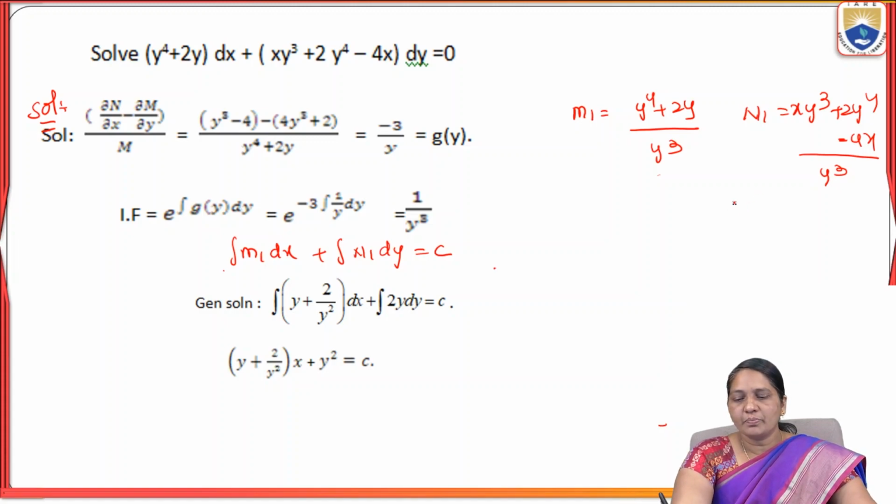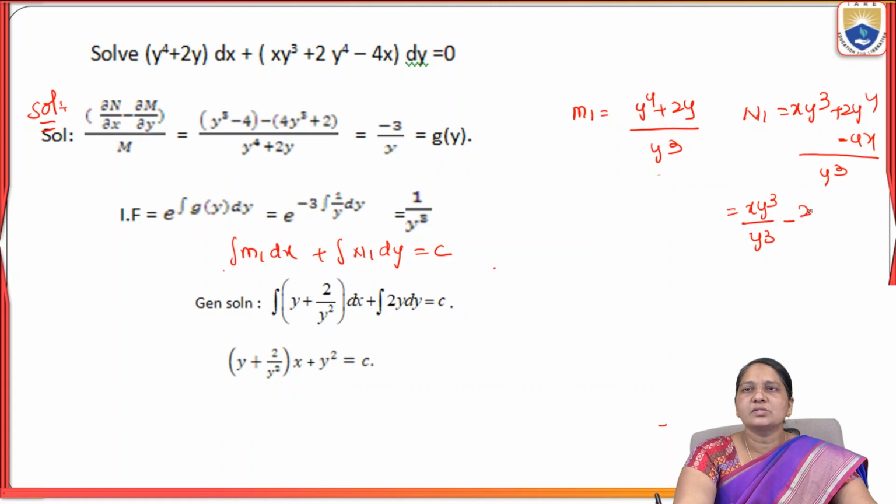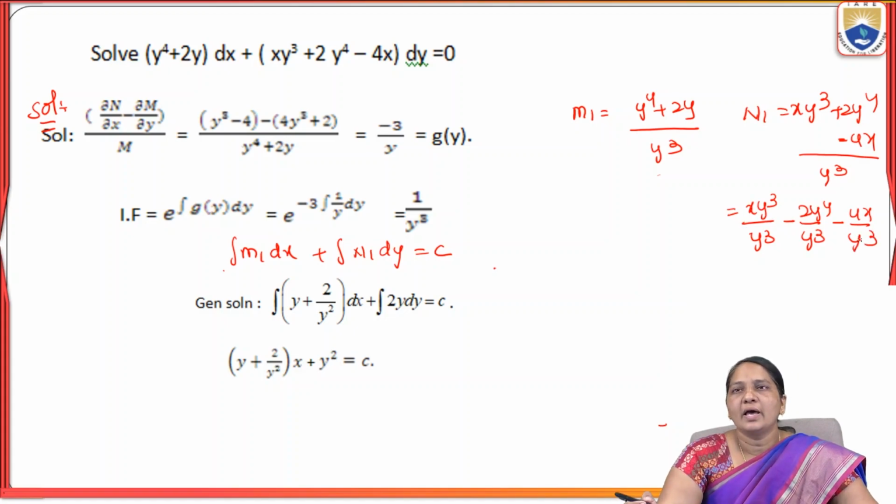We have to check whether it is possible to take only the y terms. So N1 is xy³/y³ plus 2y⁴/y³ minus 4x/y³.